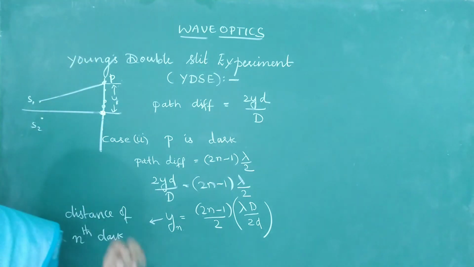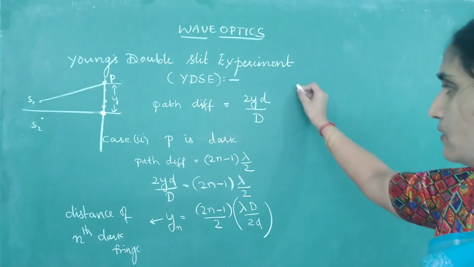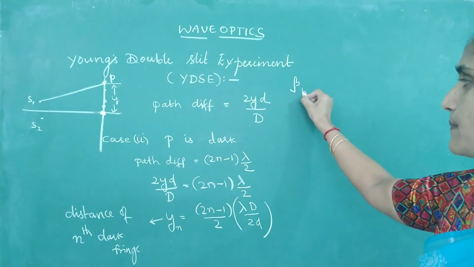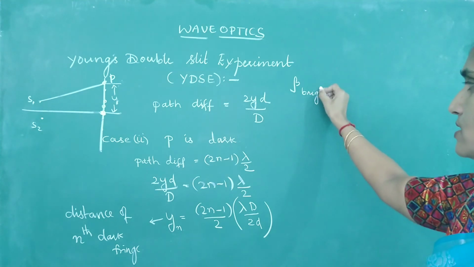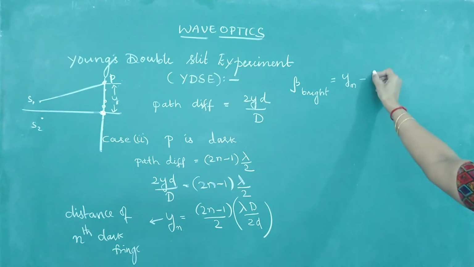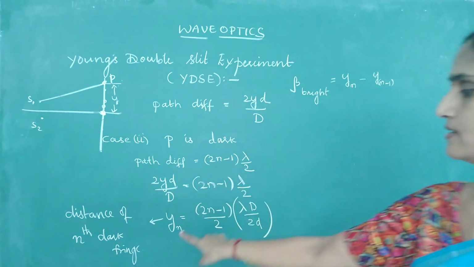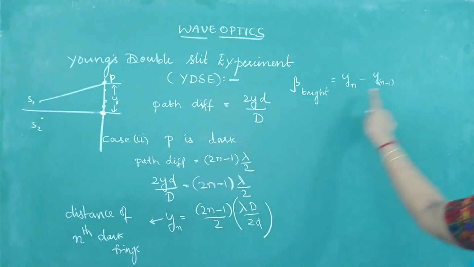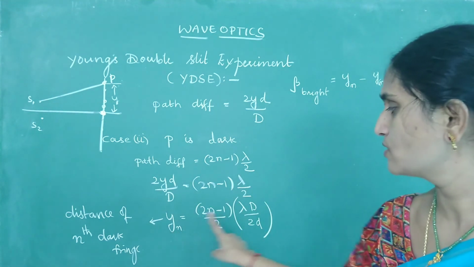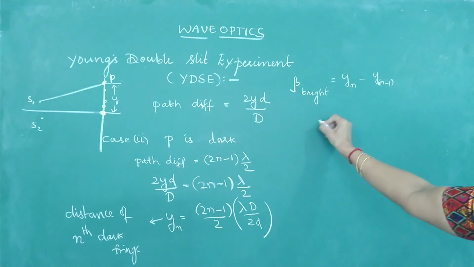How to get the width of a bright fringe? Bright fringe lies between two consecutive dark fringes. So the width of bright fringe is yn minus yn minus 1, where yn is the distance of nth dark fringe and yn minus 1 is the distance of n minus 1th dark fringe. Substitute the values.